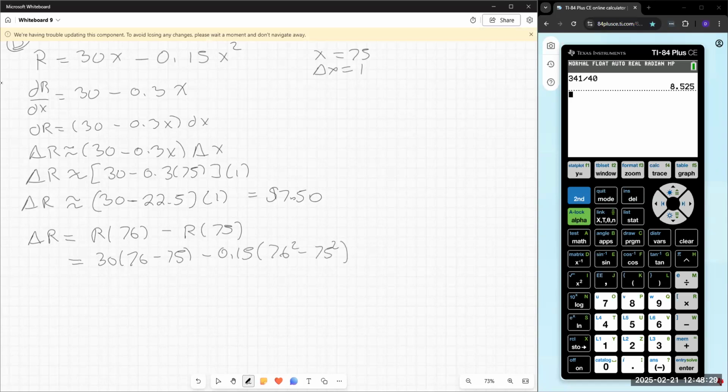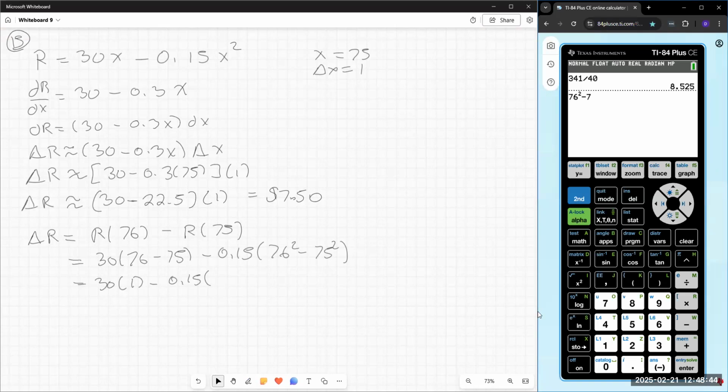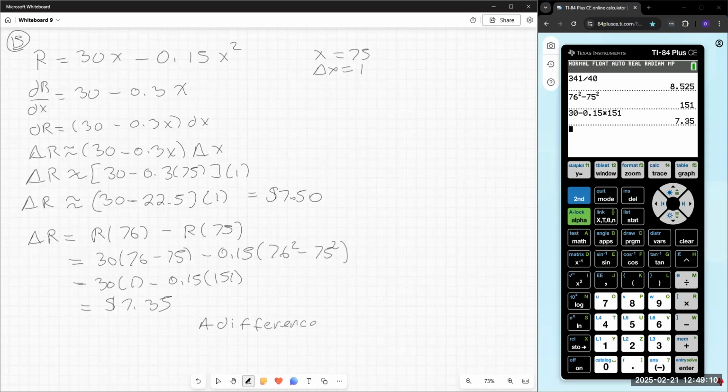I'm not doing that in my head. 30 times 1 minus 0.15 times, 76 squared minus 75 squared is 151, and 30 minus 0.15 times 151 is going to give me 7.35, a difference of 15 cents.